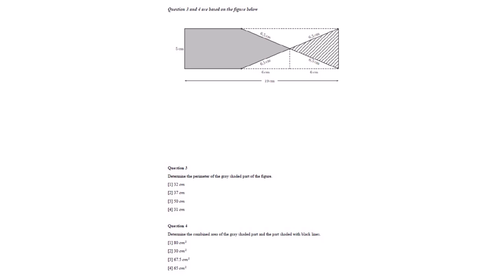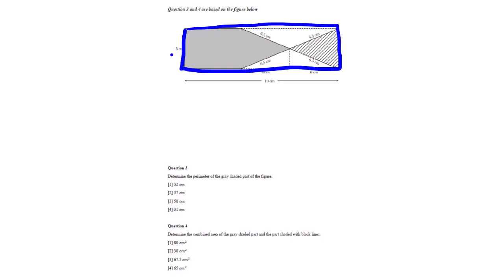Now, analyzing the diagram, we can see that the overall shape is a rectangle. And we do have the sides, we have this height, we have this length. So it is simple for us to calculate the perimeter of this shape.